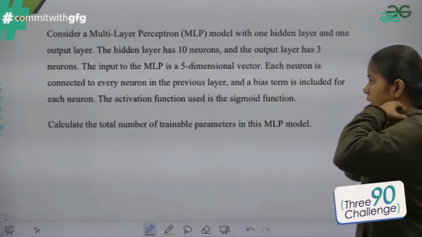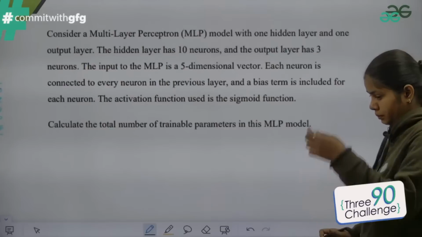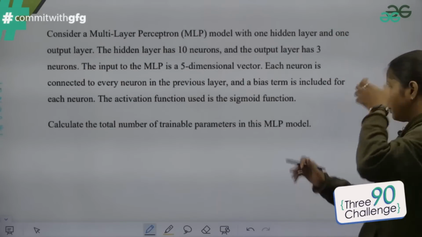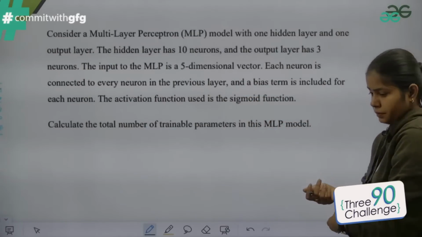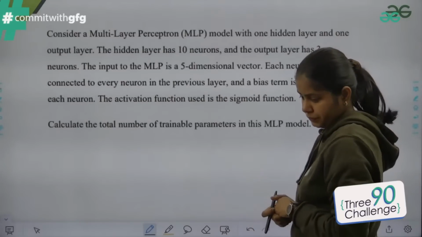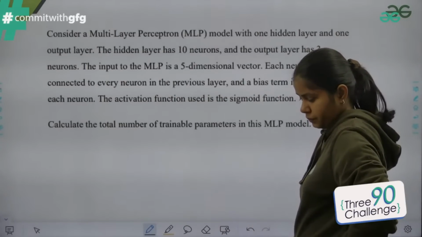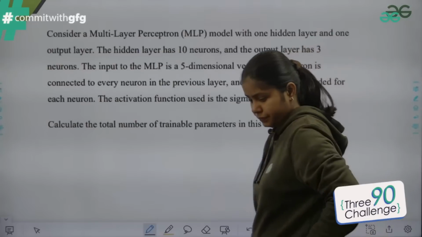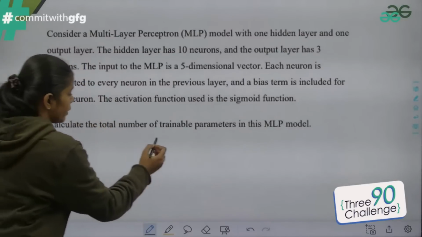Right, so let's solve this. Consider, so guys, in this question if you see, we have one hidden layer which has 10 neurons.